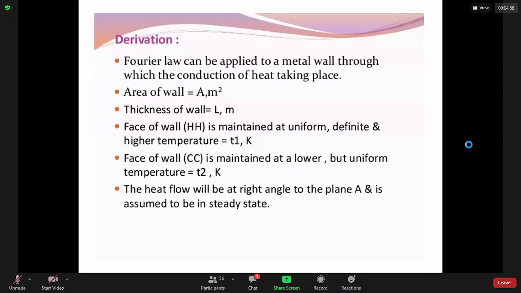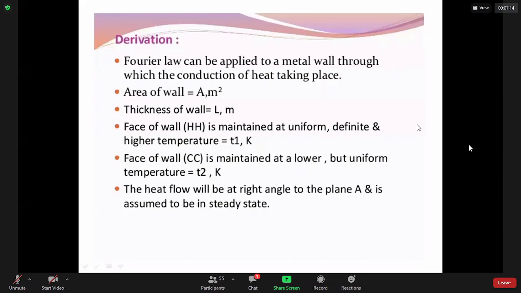This side here is what we've called HH. Now, the lower temperature side is CC. That's why we have called it C. There is this C here, and another C around here. So that is the lower temperature.